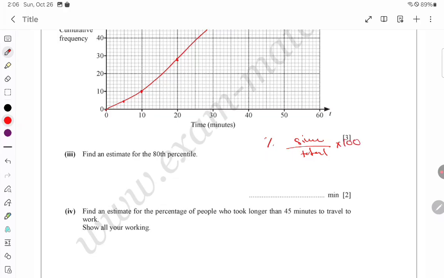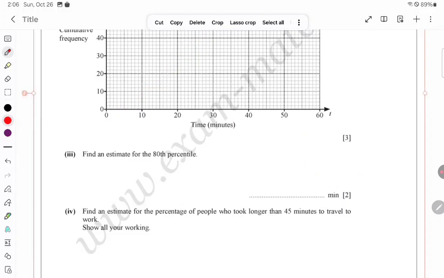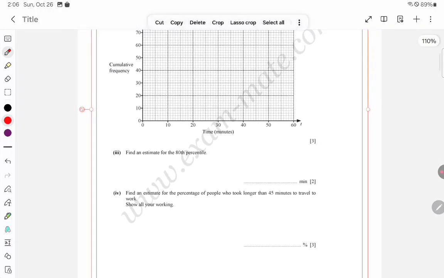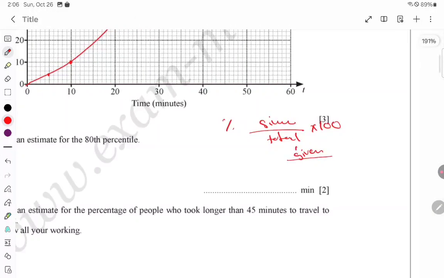For percentile, sorry, it will become total divided by 100, multiply by the given.